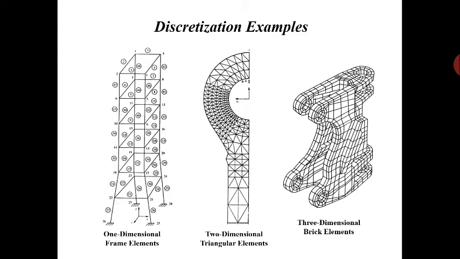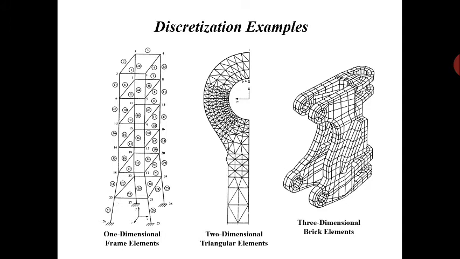What we can see over here is one dimensional discretization in the first picture, and it does not have any cross section, only the length. This type of element only has length, and a cross section may be applied to that one dimensional element.